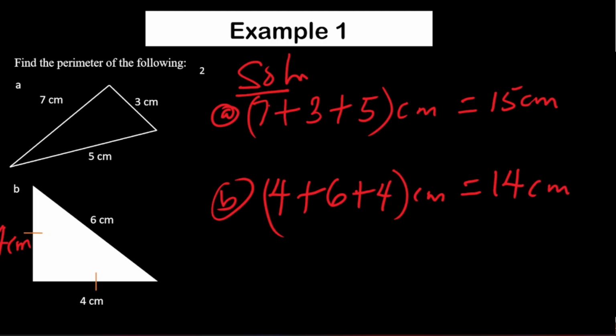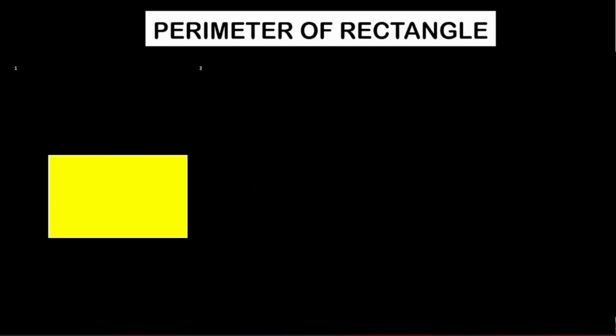Now we move to another plane shape. We're still going to look at examples that will be more complex than this one, but let's just look at the basics first. So the next one is the perimeter of a rectangle. We've looked at the properties of rectangles. The opposite sides are always equal, meaning that this side here is equal to this side, while this side equals this side.